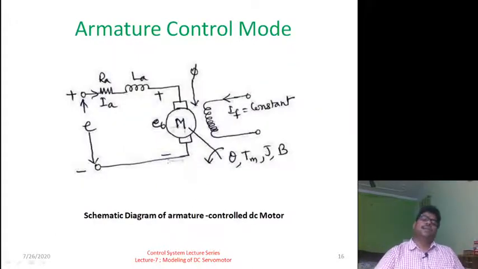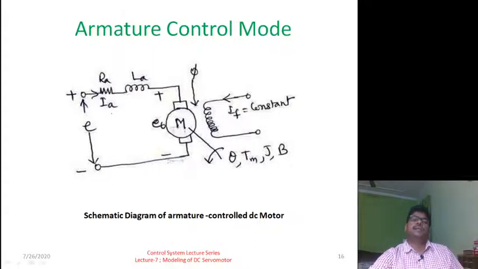Now this is a schematic diagram for the armature controlled DC motor. In this case, you can see the field current is fed from the constant current source, and this is responsible for the development of flux phi in the air gap. And here the armature side is fed by an applied voltage E, and this is responsible for the flow of current in this circuit.